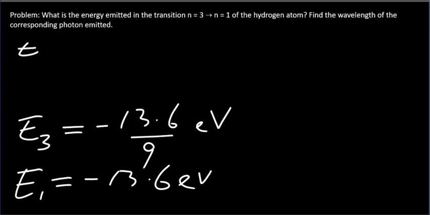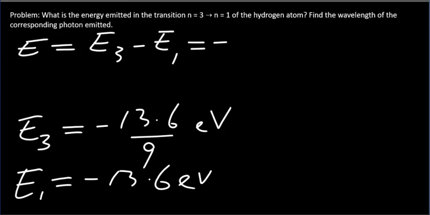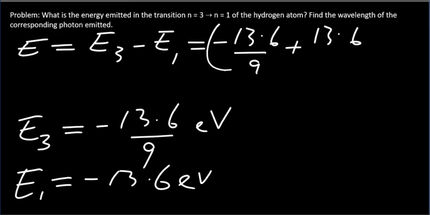So the energy emitted is the initial energy, E3, minus the final energy, E1. So that's going to be minus 13.6 over 9 minus minus 13.6, which is plus 13.6. This is in the unit of electron volt, and the answer is about 12.1 electron volt.